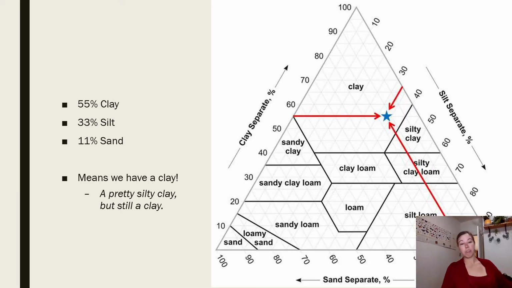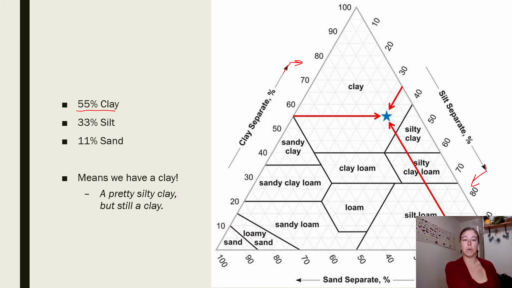And once you learn those percentages, you can put them on this. And so if you have 55% clay, then you can follow the clay across. Sometimes they'll have a little arrow here that shows you which way to go to help you with the triangle.